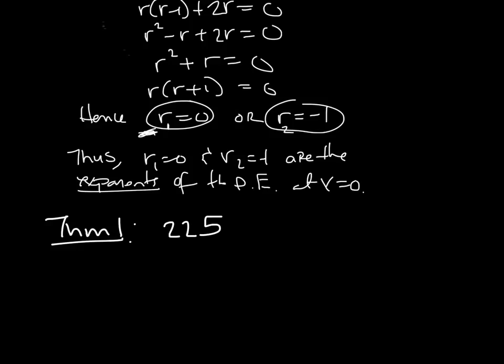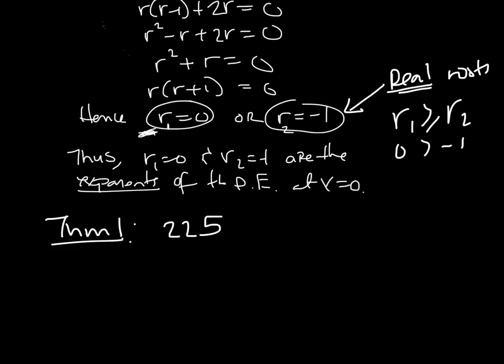Looking at the very first part, it says let r1 and r2 be the real roots. These are definitely real roots, they're real numbers. And r1 is strictly greater than r2. Yes, 0 is greater than -1.